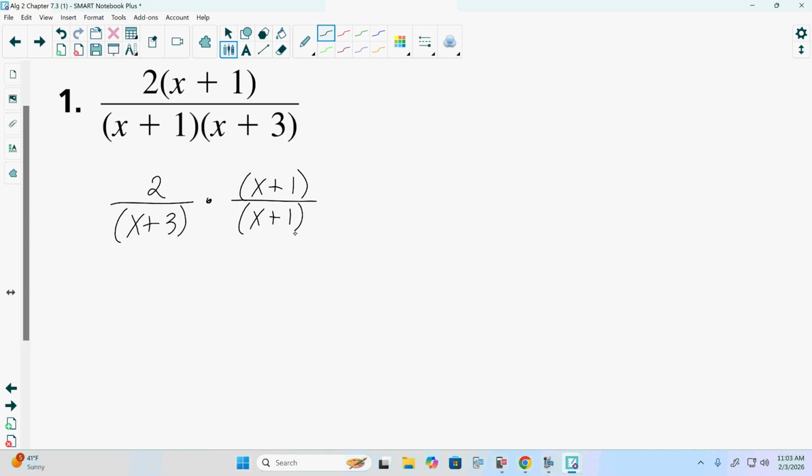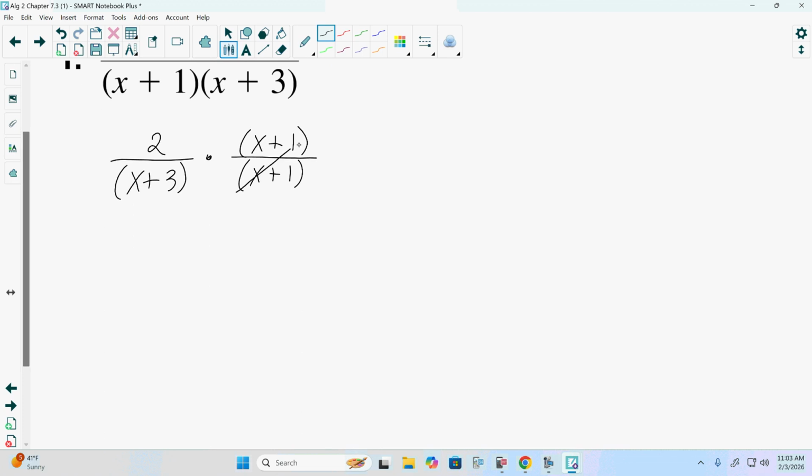So really, because they are being multiplied, I can write them as these 2 separate fractions. Yes? But the one on the right is now what? X plus 1 over x plus 1. Anything divided by itself is 1. So this whole expression is just going to become 1.